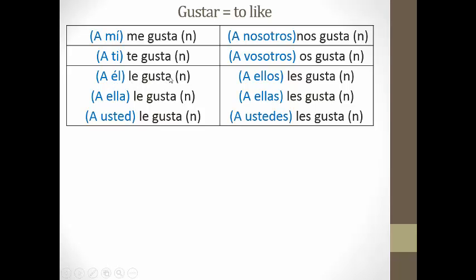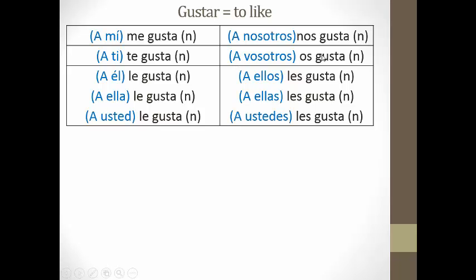A él le gusta, a él le gustan, he likes. A ella le gusta, a ella le gustan, she likes. A usted le gusta, a usted le gustan, you, formal, like. A nosotros nos gusta, a nosotros nos gustan, we like.